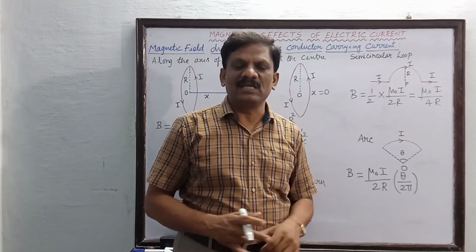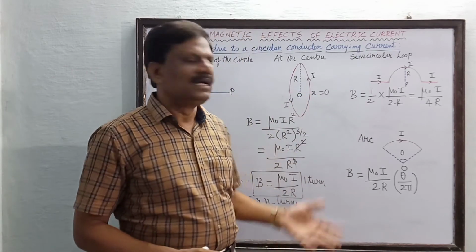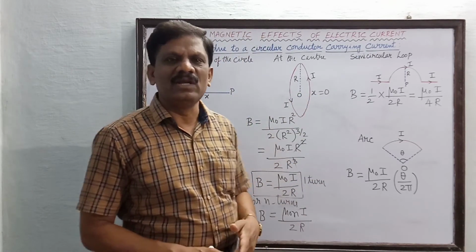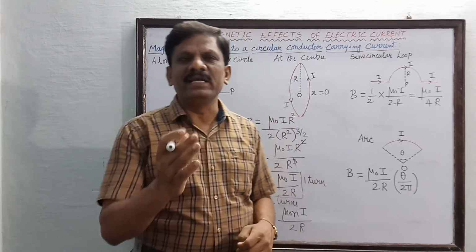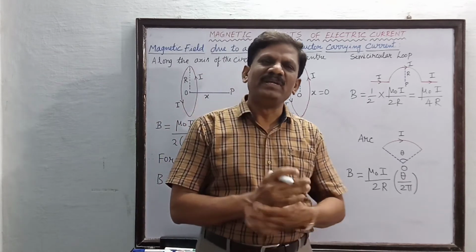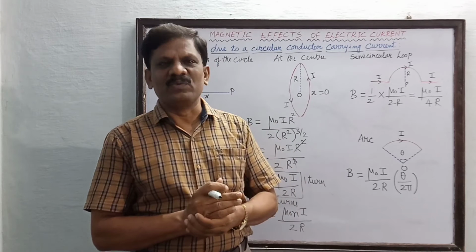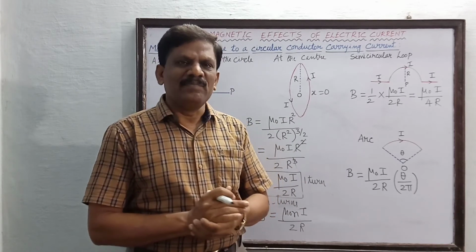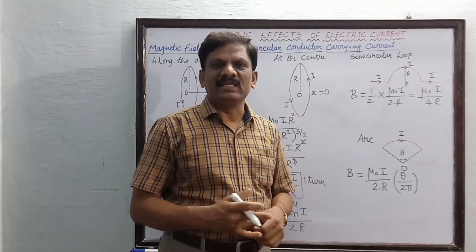Now be ready to solve the numerical problems based on these two, straight conductor and the circular loop. In addition to that, we have studied the force acting on a current carrying conductor placed in a magnetic field, the force between two current carrying conductors, then Ampere's circuit law, and the magnetic moment of a circulating electron, like that. Be ready.